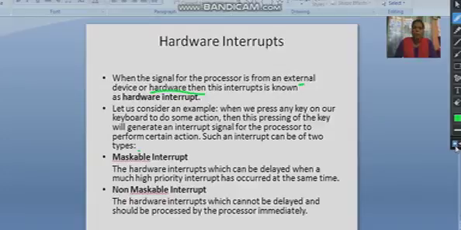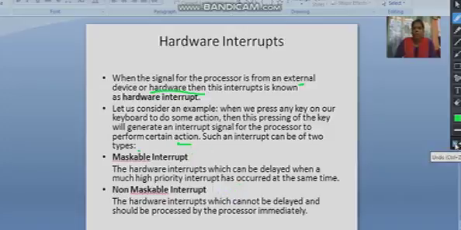When we press any key on our keyboard to do some action, then this pressing of the key will generate an interrupt signal for the processor to perform a certain action. So the pressing of a keyboard key is a kind of hardware interrupt, and this can be of two types: maskable interrupt and non-maskable interrupt.